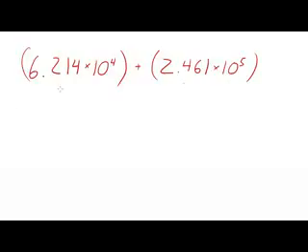So the very first thing we need to do is convert these to what I'm just going to call real numbers, basically numbers that we can understand. So 6.214 times 10 to the fourth is 62,140. And 2.461 times 10 to the fifth is 246,100.